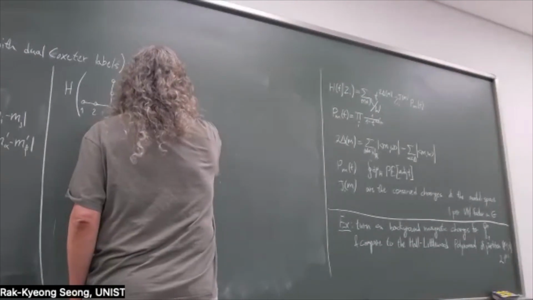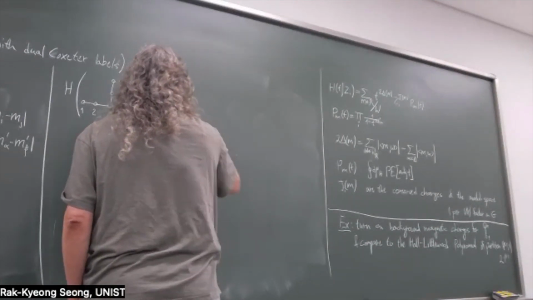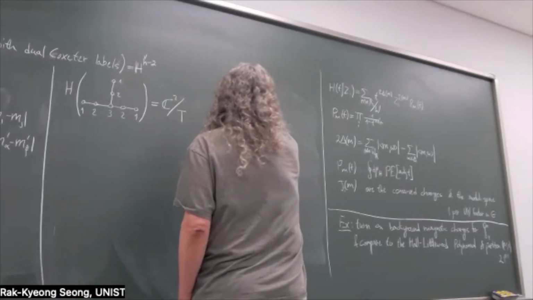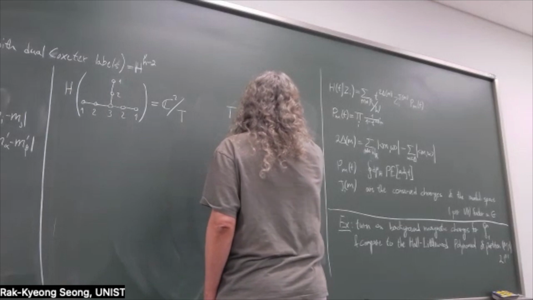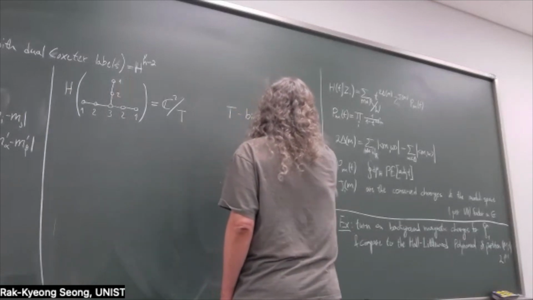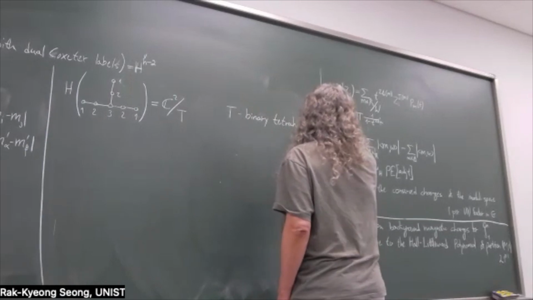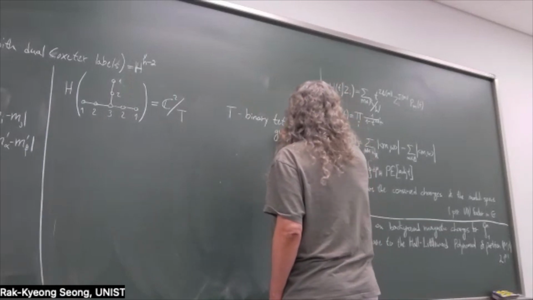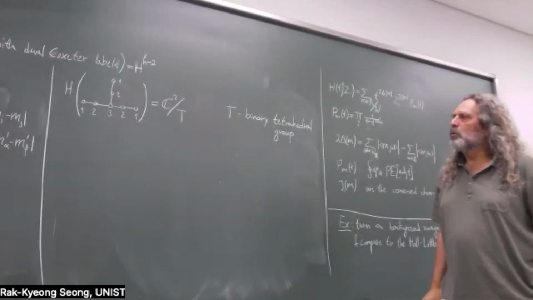So it's C2 mod T, where T is the binary tetrahedral group associated to E6.